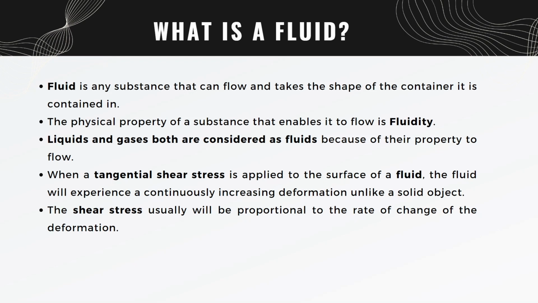Solids we know have a definite shape, and they do not flow, right? A chair that is placed by your side does not start to flow all of a sudden, right? Your mobile phone on your table in front of you does not start to flow suddenly.